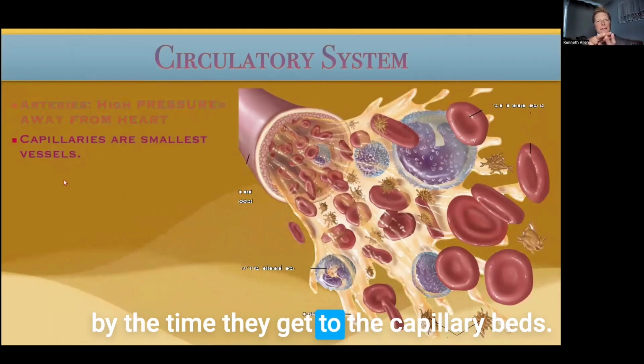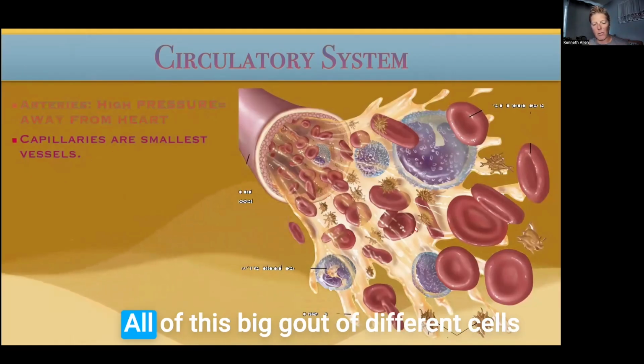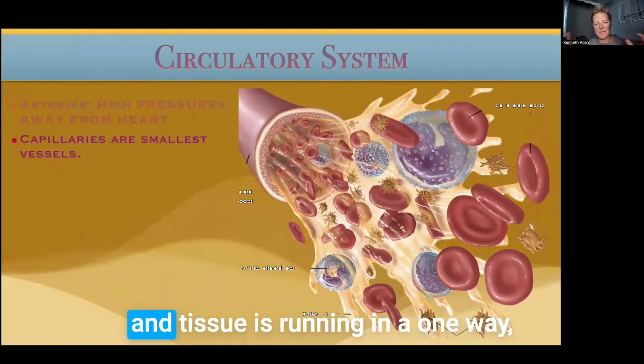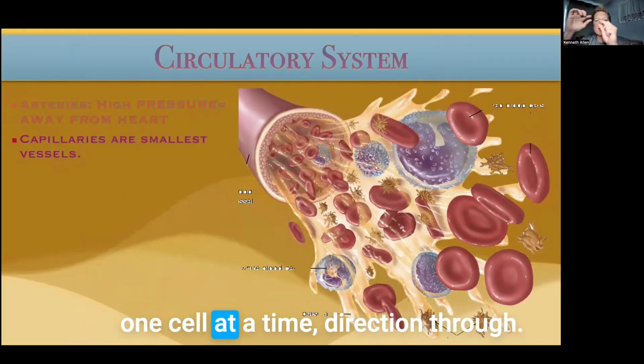By the time they get to the capillary beds, all of this big gout of different cells and tissue is running in a one-way, one cell at a time direction through.